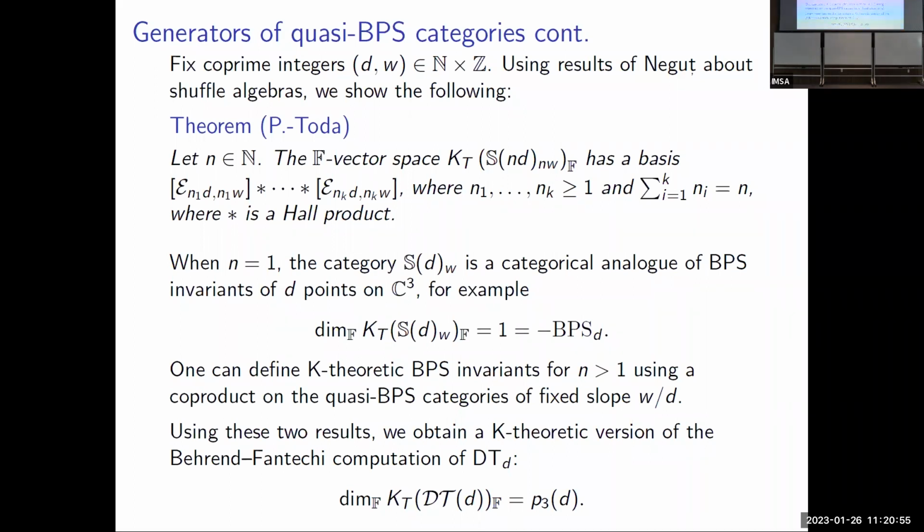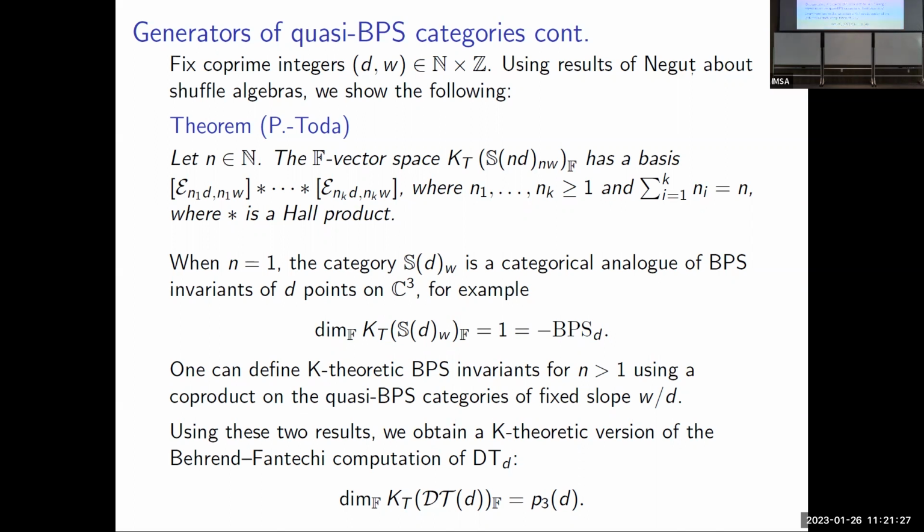And then you can ask, do they satisfy some properties similar to BPS sheaves? And the answer is yes. A fundamental result is the support lemma for BPS sheaves, which categorify BPS invariants, that they are supported over the small diagonal in XD. And also complexes in quasi-BPS categories SDW, when the greatest common divisor is 1, have elements supported over the small diagonal.